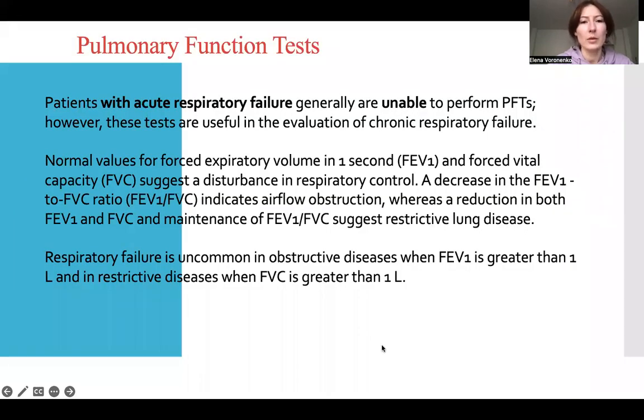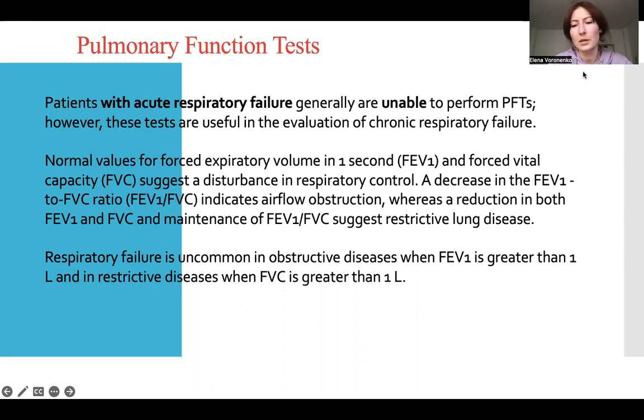Patients with acute respiratory failure generally are unable to perform pulmonary function tests. However, these tests are useful in the evaluation of chronic respiratory failure. Normal values for forced expiratory volume in 1 second and forced vital capacity suggest a disturbance in respiratory control.